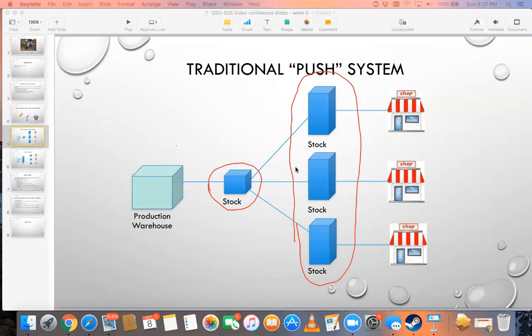Remember the law of aggregation of demand. What you do is you combine multiple demands, and the amount of stock required to service that demand in relation to the variation of demand decreases.